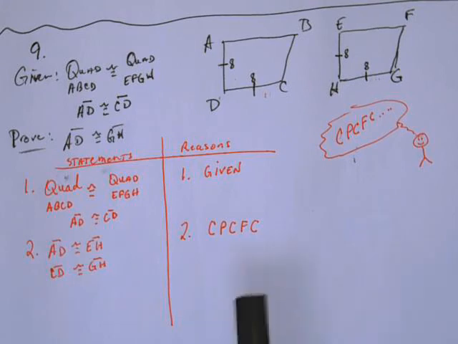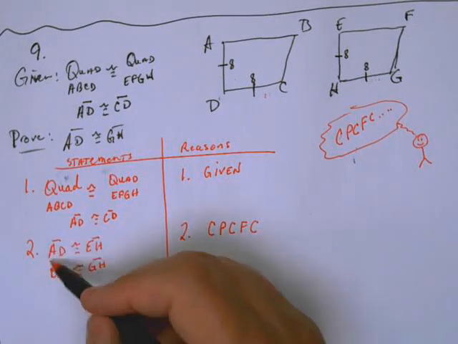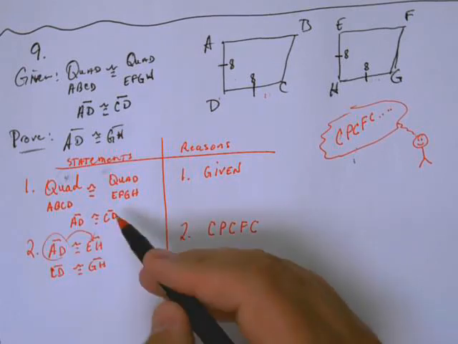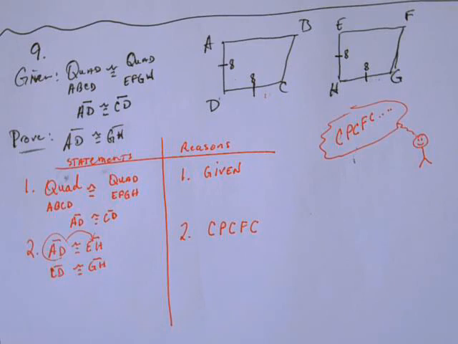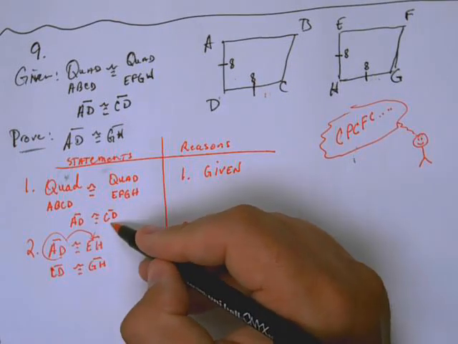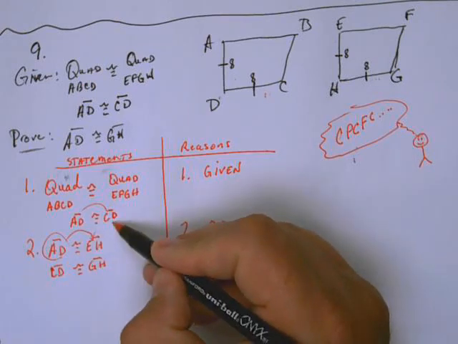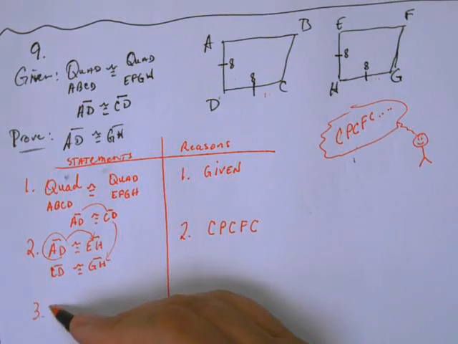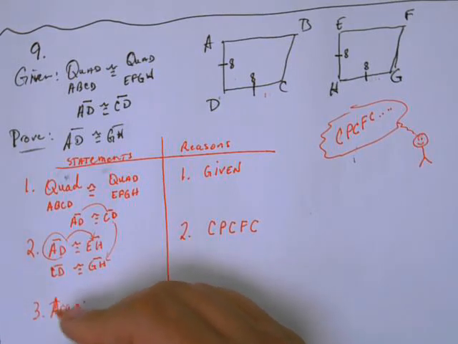CPCFC. Now, here we go again. AD is congruent to EH. We know that AD is also congruent to CD, so therefore, by the transitive property, let's say the proof here.